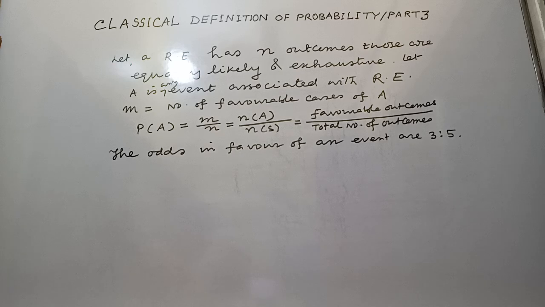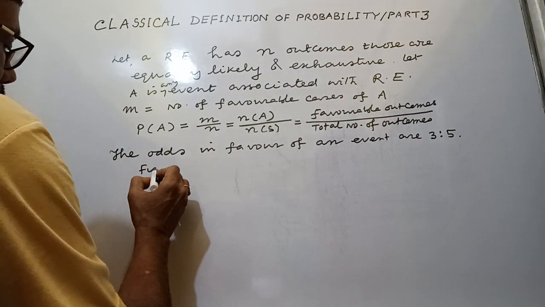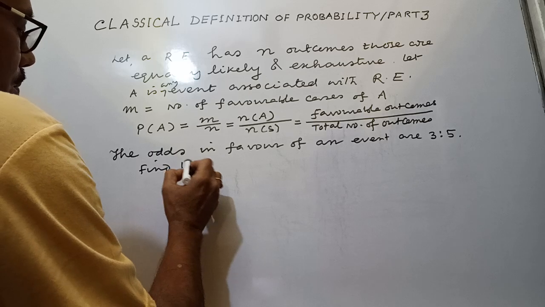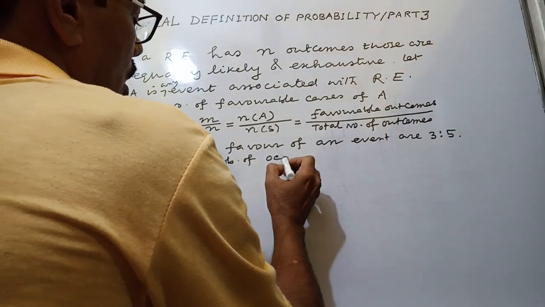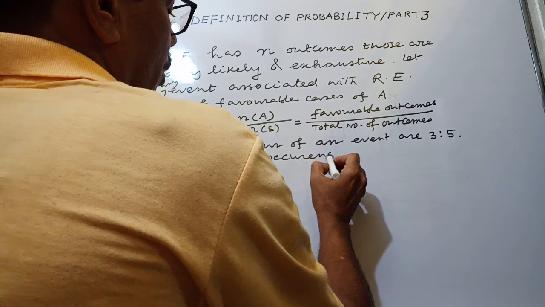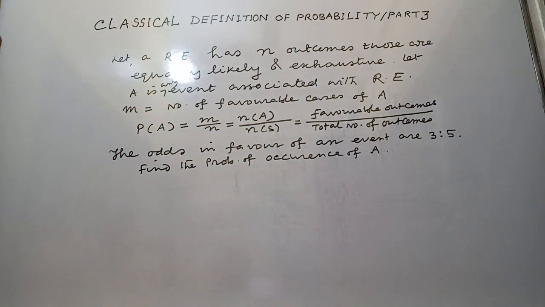Find the probability of occurrence of A. This is a 1 mark problem.